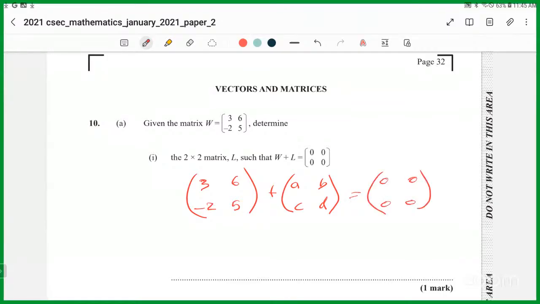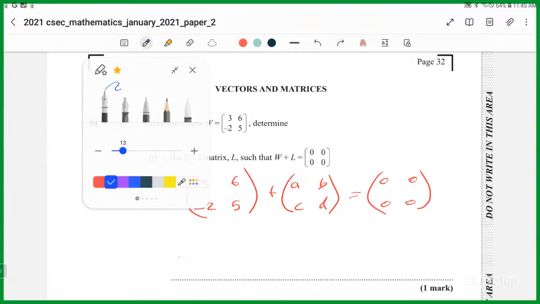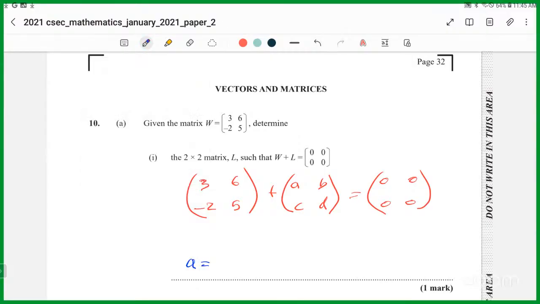It's quite obvious that these values are additive inverses of each other. In other words, if this is 3, you have to subtract 3 to get 0. So a equals negative 3, obviously. Then the additive inverse of 6 is negative 6, so b equals negative 6.